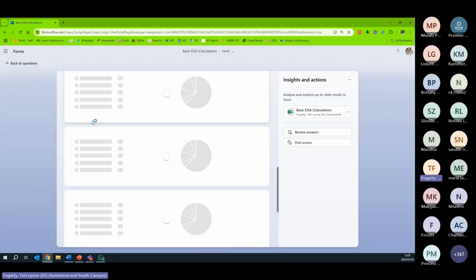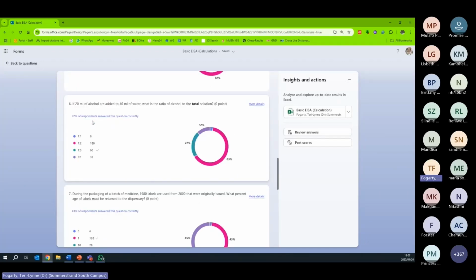So the question is a ratio question. It says if 20 milliliters of alcohol are added to 40 milliliters of water, what is the ratio of alcohol to the total solution? Those of you that have answered 1:2, you're telling me what the ratio of alcohol to water is.